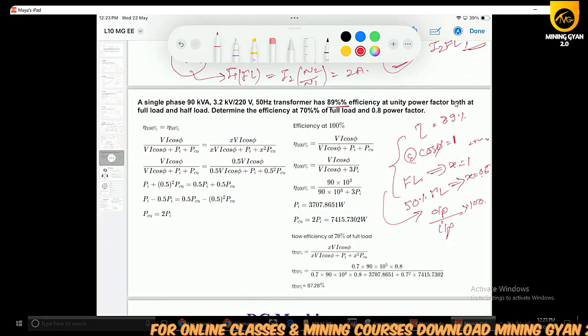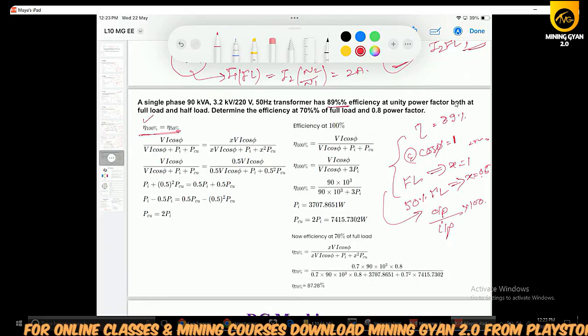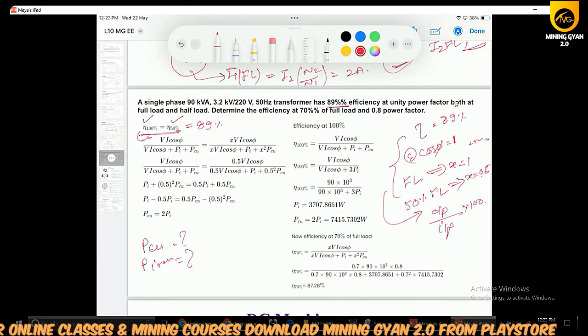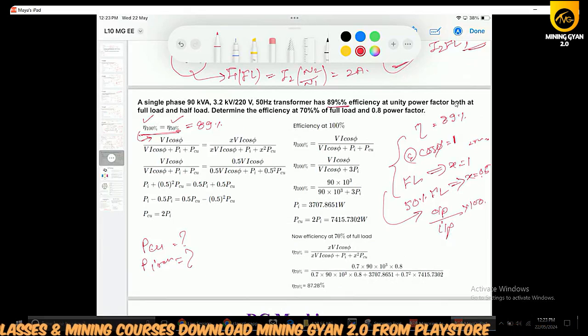So this is the condition: efficiency at 100% of load equals efficiency at 50% of load, and that will be 89%. They have already given. So first of all, we have to find out the iron loss and copper loss. Using this equation, at 100% of load, x is 1, so V2 I2 cos phi divided by V2 I2 cos phi plus Pi plus Pcu.